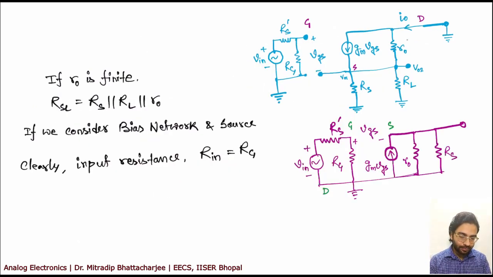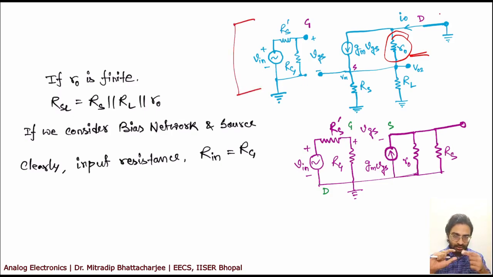Now let us consider R0 is a finite value. In that case, what will be your RSL value if you consider this? Okay, I already have said that this particular circuit is a little twisted, right? Drain is here, on this side drain is here.